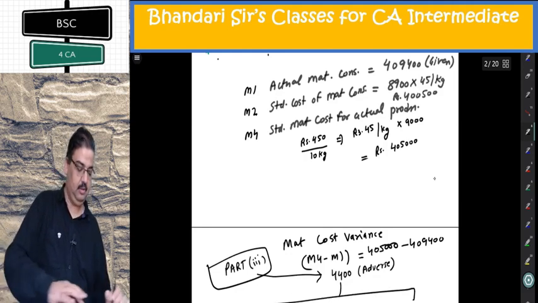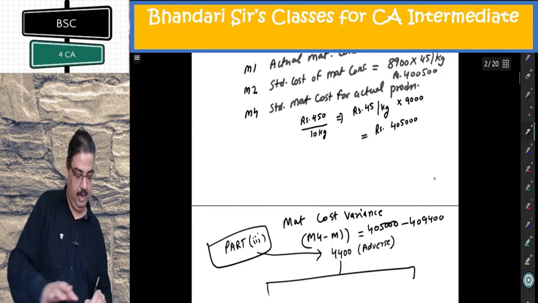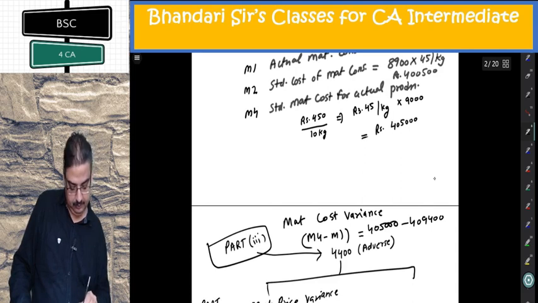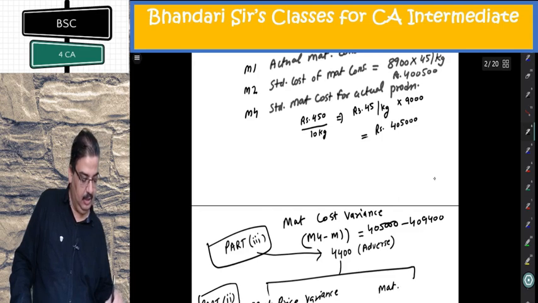Under this, material price variance, which is part 2 answer, and material usage variance, this is part 1 answer.